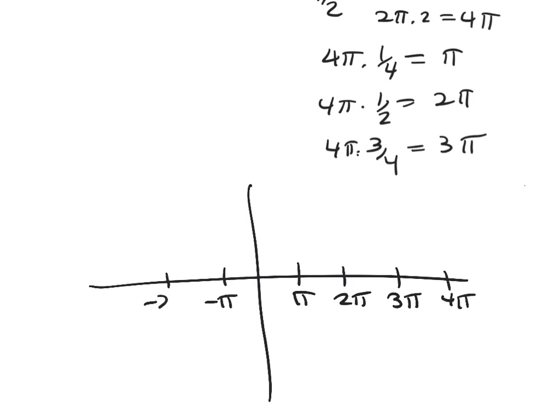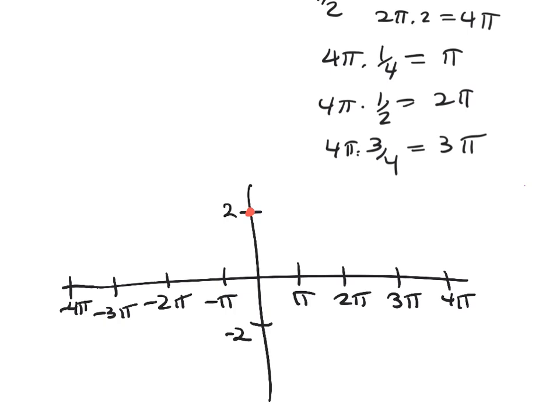Negative pi, negative 2 pi, negative 3 pi, negative 4 pi. This had an amplitude of 2. So I'll add that in also. Because it's asking me to graph secant, I'm going to graph cosine first. Cosine normally starts at 1, but because there's an amplitude, I'm going to start at the amplitude, which is 2.